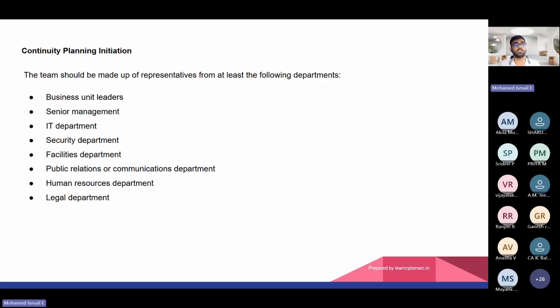So the business continuity plan is a wider one. I used to say umbrella, right? It's a big one. Inside that you have the disaster recovery and incident response plans. You think, I need to protect my entire organization from disturbance.